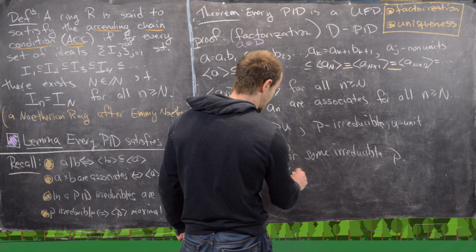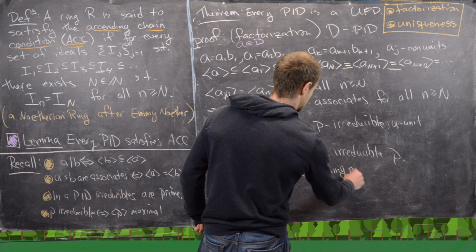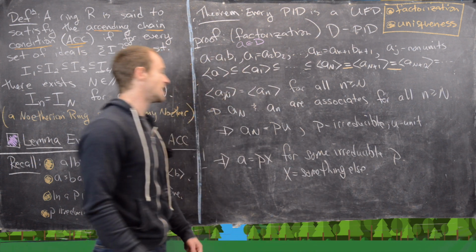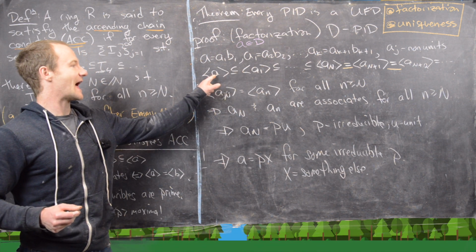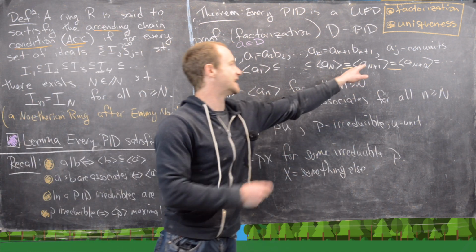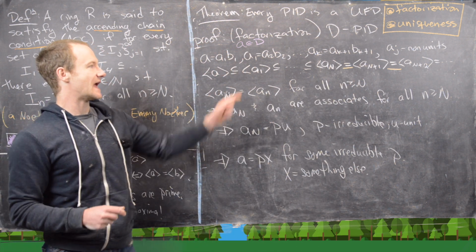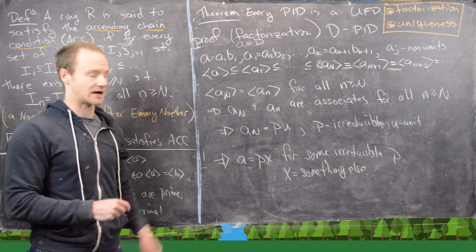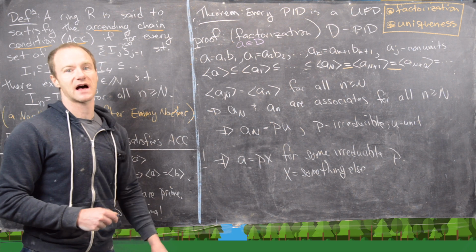And at this point, X is just something else. Great. And then how do we know we can factor it like this? Well, notice the element A is going to be inside of AN, and AN is irreducible. So that's how we know that. Great. So now I'm going to go ahead and move this to the top, and we'll go on to the next step.